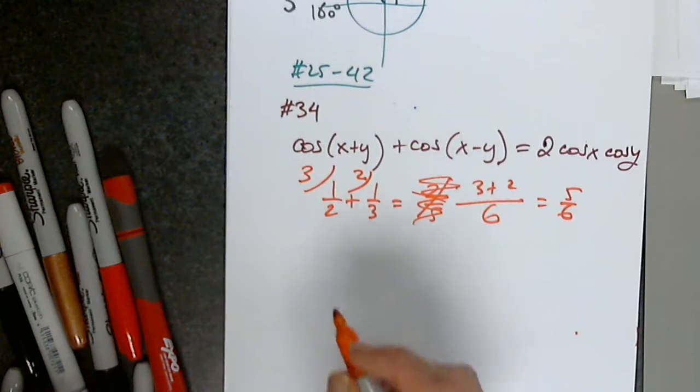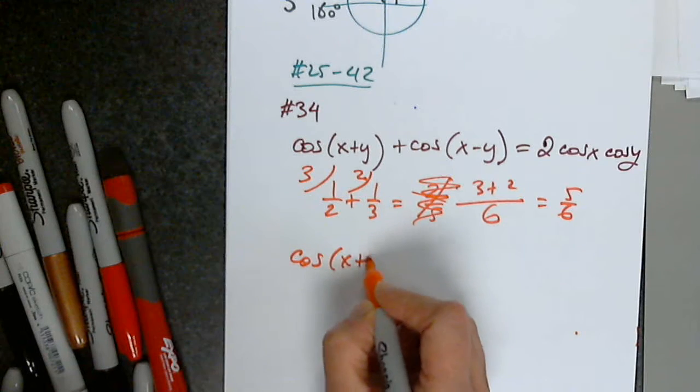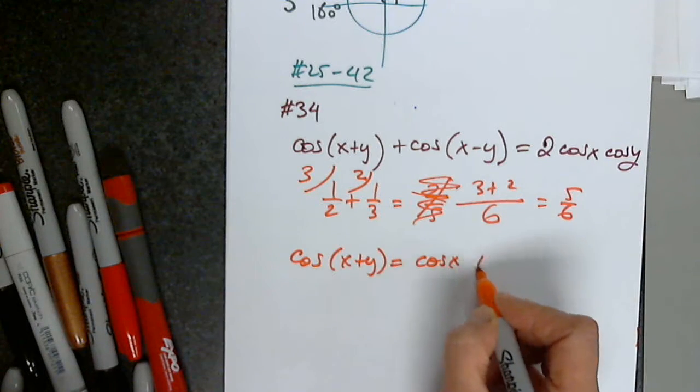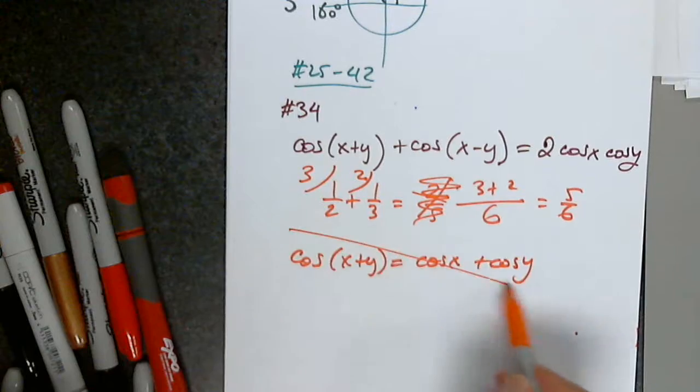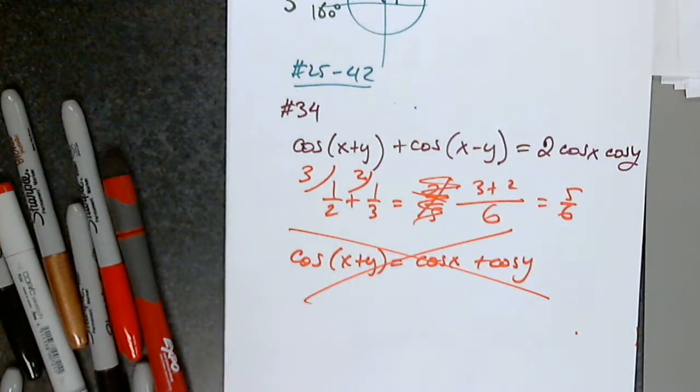It will also be terrible to say that cosine of x plus y equals cosine x plus cosine y. This will be terrible. I cannot distribute the function to a sum of two angles. So when I see cosine of a sum of angles, I have to remember the formula: cosine x cosine y minus sine x sine y.